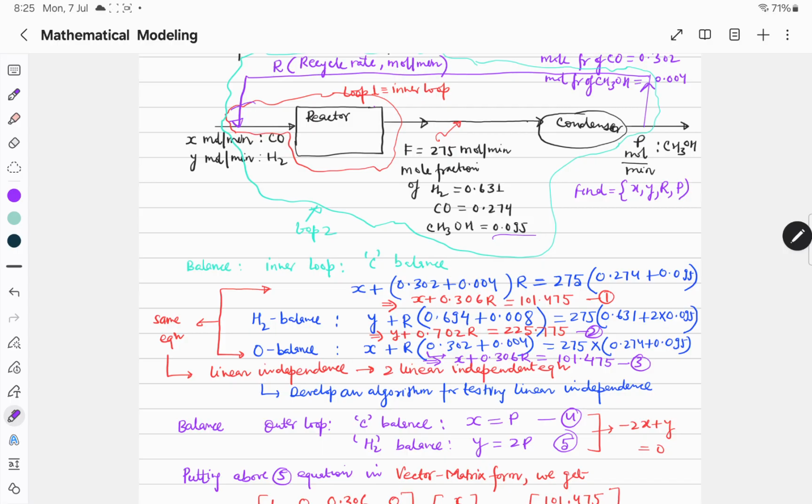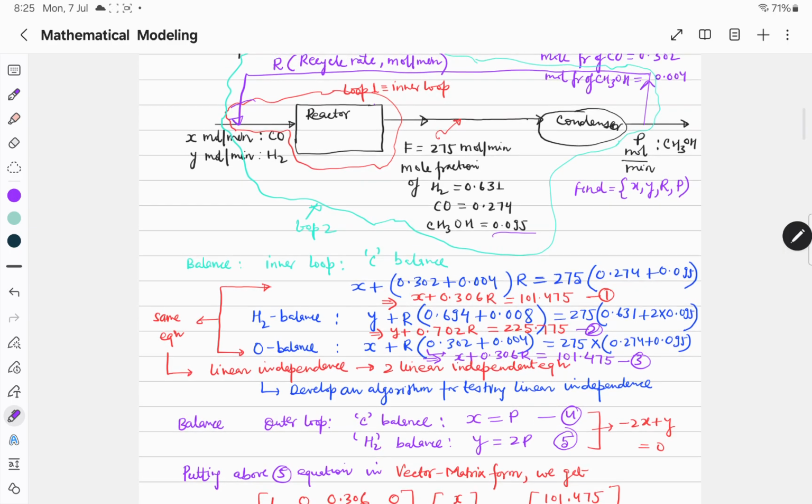If you simplify, you get x plus 0.306 R is equal to 101.475. So you see that equation 1 and equation 3 are the same, so effectively you get only two equations.